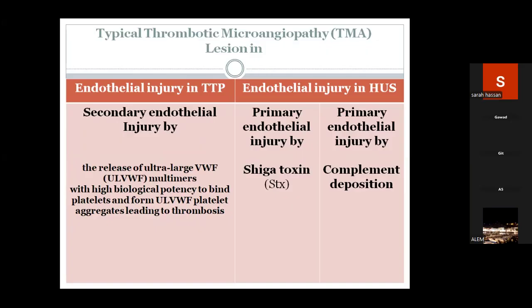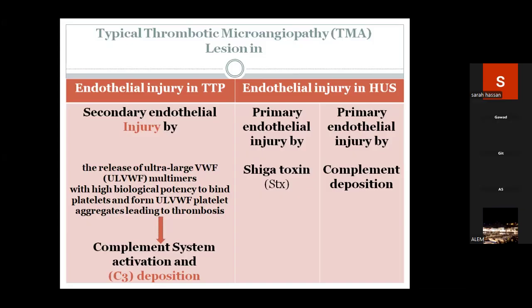What does this mean? This means that in TTP, the endothelial injury, as we have said, the trigger of the alternative complement pathway is what? Is a pathogen, bacteria, or a self-antigen, but an injured self-antigen.